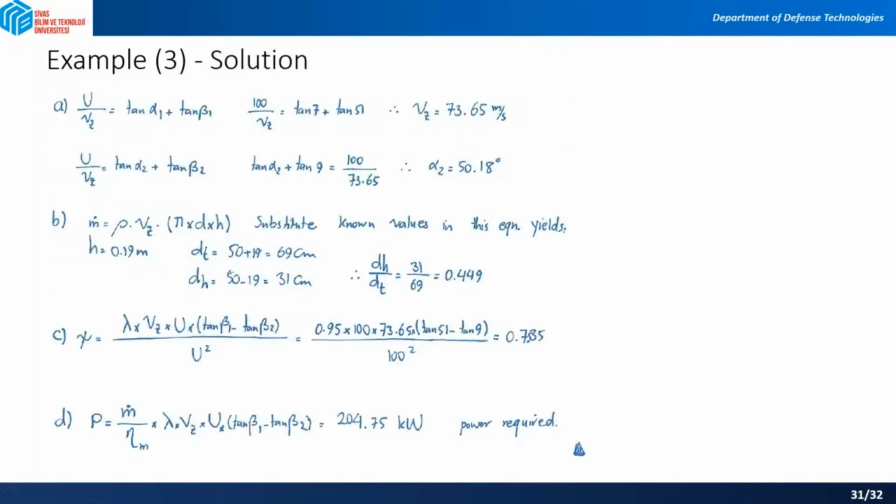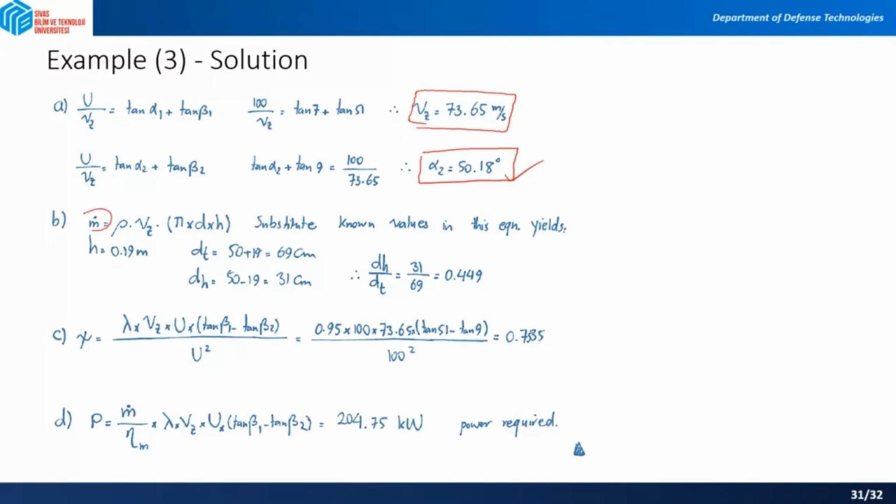So this is pretty easy. You have U over Vz equal to tangent alpha 1 plus tangent beta 1. So your Vz will be found in here. And then you have again tangent alpha 2 plus tangent beta 2, so your alpha 2 will be found.